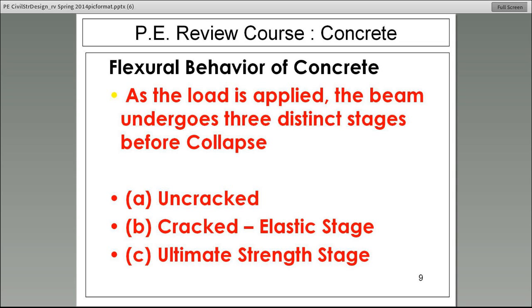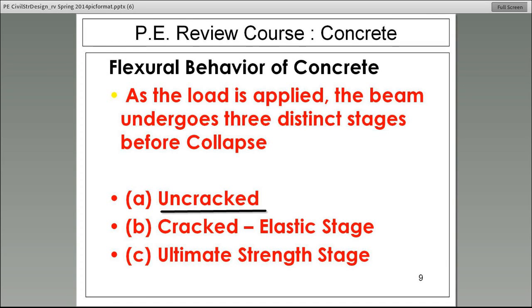This concrete beam throughout its service life goes through 3 different stages. So there are 3 stages of life for this concrete beam, and I will tell you the story starting from the first few hours of its life, and that stage is called uncracked.